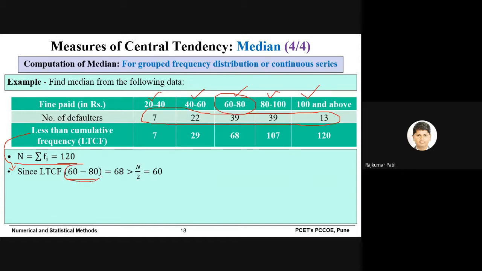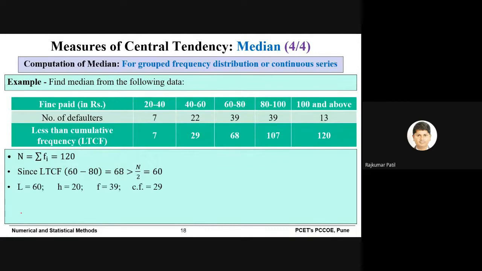And for that, the less than cumulative frequency is 68. So for this range, the cumulative value is 68, which is greater than n by 2, because n is 120, and 120 by 2 is 60. This we can observe here.